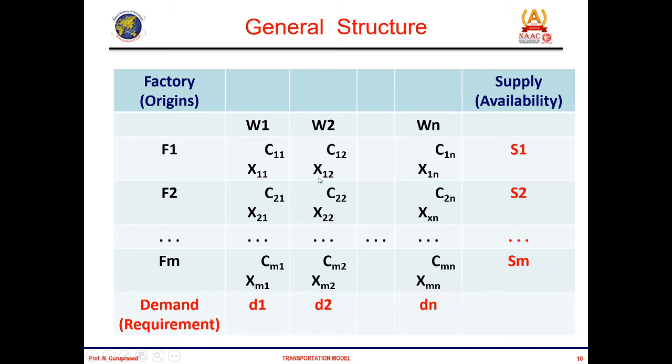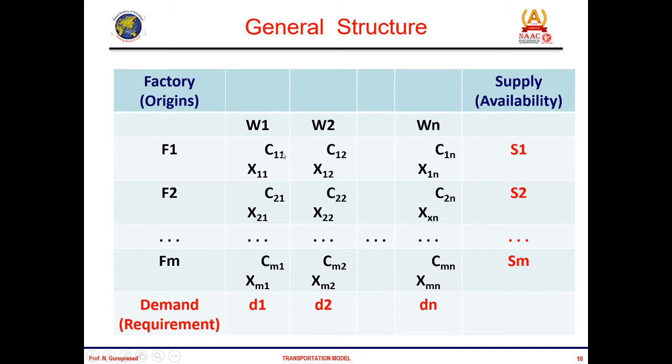So what does it mean is, if you look at C11, which is there in the cell F1 and W1, am I right? C11 is in the first row, first column, that is the intersection of F1 and W1. So C11 means it is the cost involved in transporting one product from factory 1 to warehouse 1.